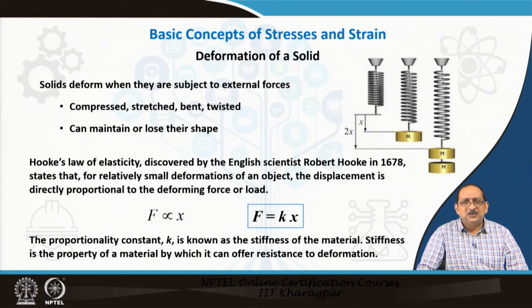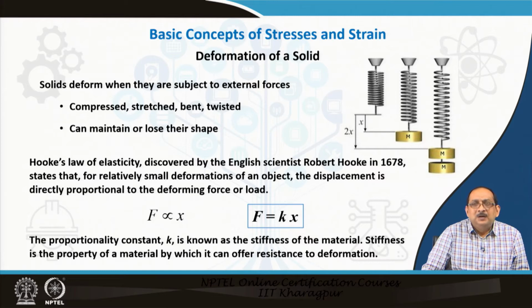Now, let us first consider a simple spring mass system. If a weight of mass m is hung from the end of a spring, the spring undergoes an elongation of x. If the weight is doubled, the elongation increases to twice x.